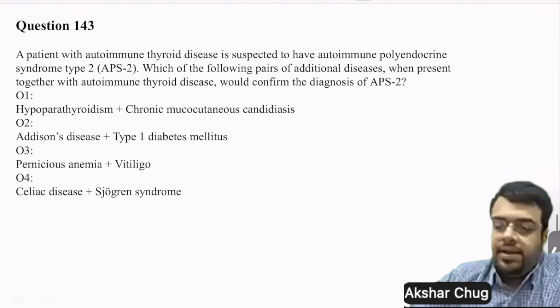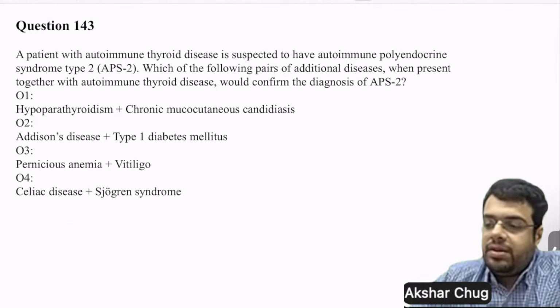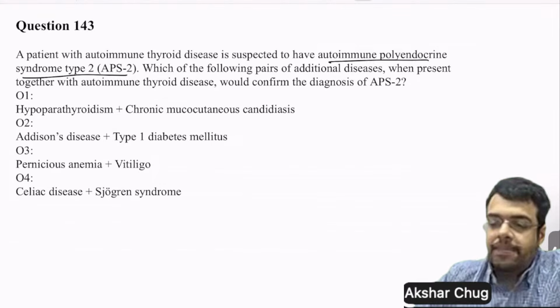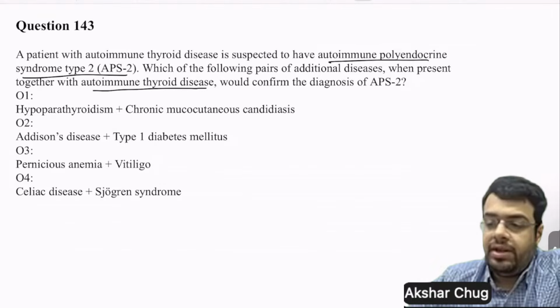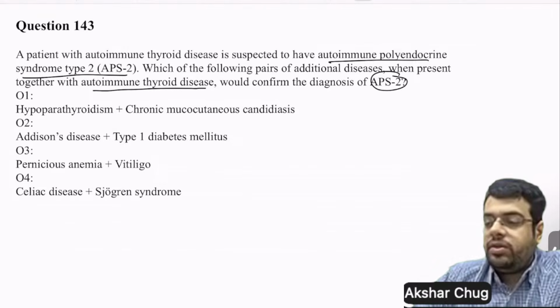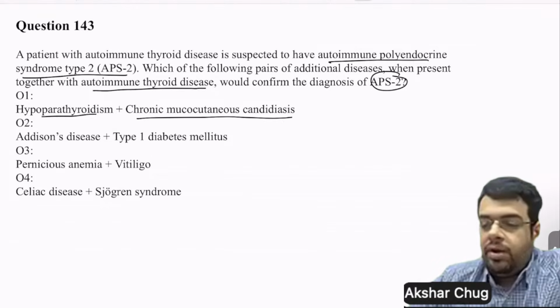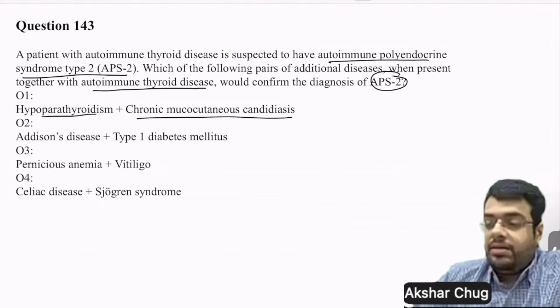Question 143. A patient with autoimmune thyroid disease is suspected to have autoimmune polyendocrine syndrome type 2. Which of the following pairs of additional diseases, when present together with autoimmune thyroid disease, would confirm the diagnosis of APS2? Hypoparathyroidism and chronic mucocutaneous candidiasis suggest APS type 1.